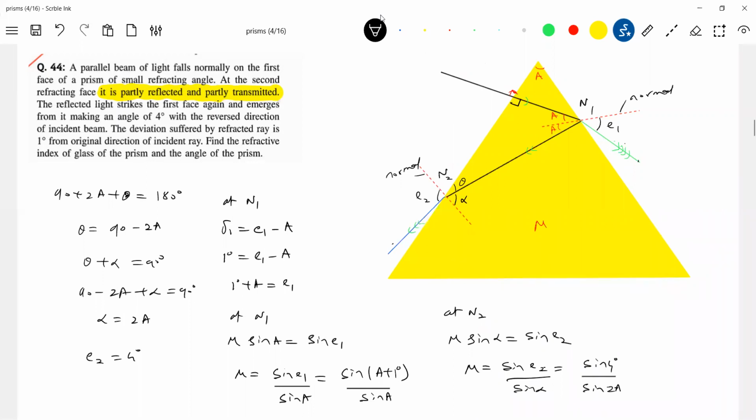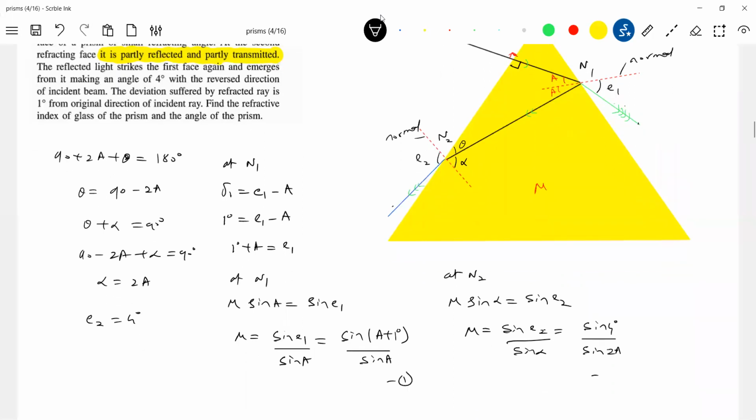For small angles, we can write sine as only the angles. So this equation 1, for small angles, will become simpler, and with this we'll get the angle of prism.